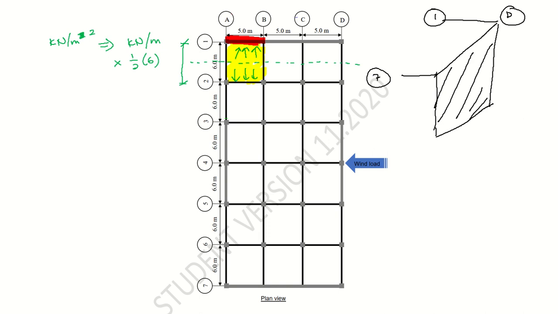We know that this is how much? 1, 2, 3, 4, 5, 6. 6 times 6 is 36 meter, and the height of the building just now is 17.5 plus you have the stump 1.0 meter. So the surface area of the building is 36 times 18.5.